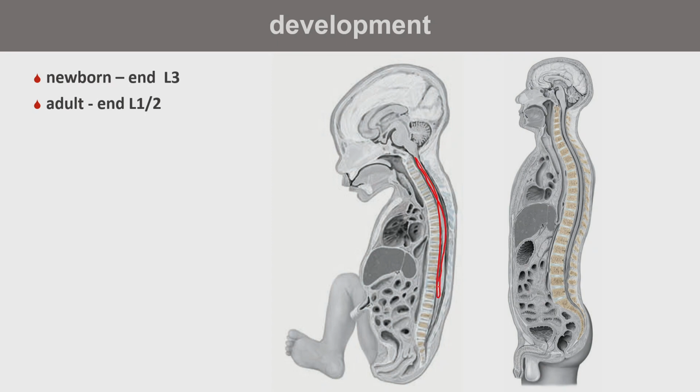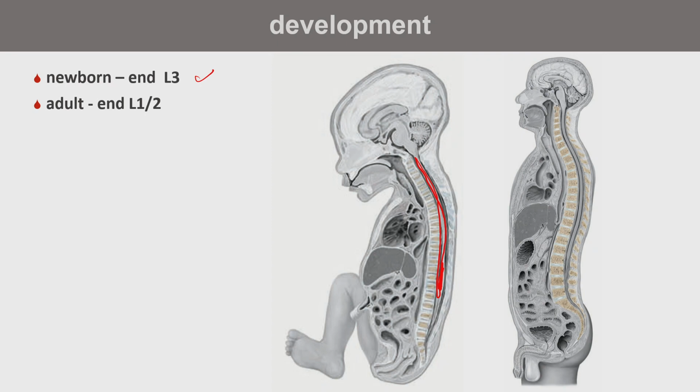The spinal cord typically ends in the upper lumbar region. In the newborn, the end of this spinal cord is at level L3. It's caused because the osseous channel is growing faster than the spinal cord.